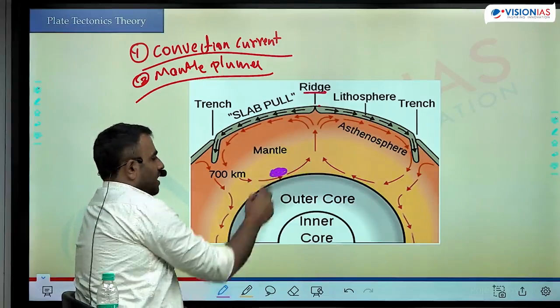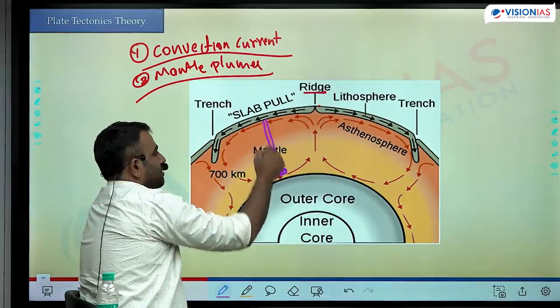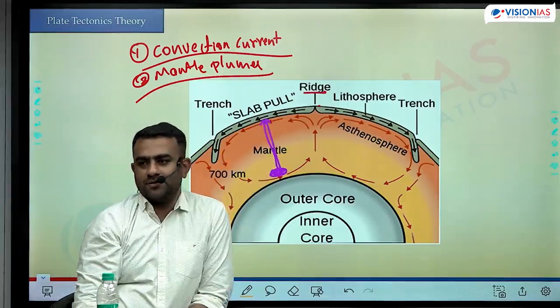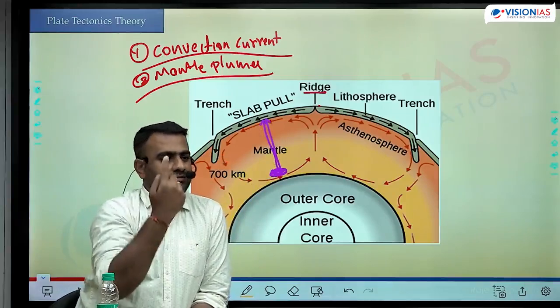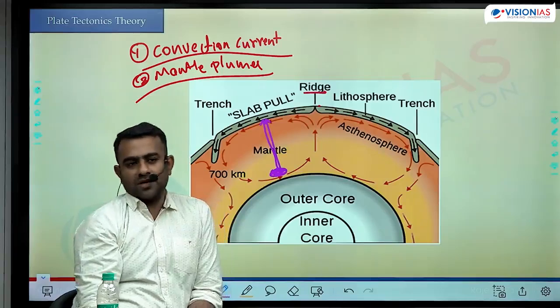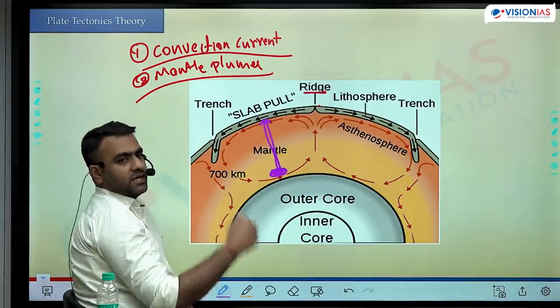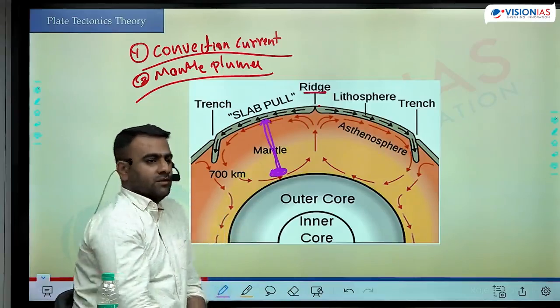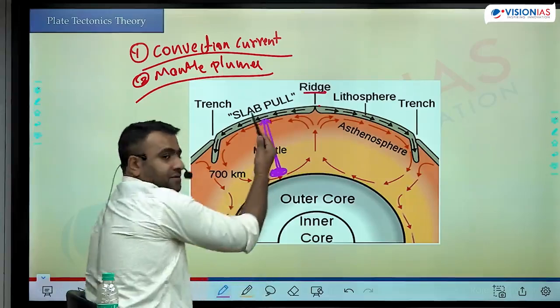And this magma continuously rises up like a solid jet. Jet जैसे, strong jet जैसे ऊपर आके hit करता है. They are not cyclical in nature. They are not currents. They are unidirectional. यहाँ से ऐसे आके ऐसे hit करता है.